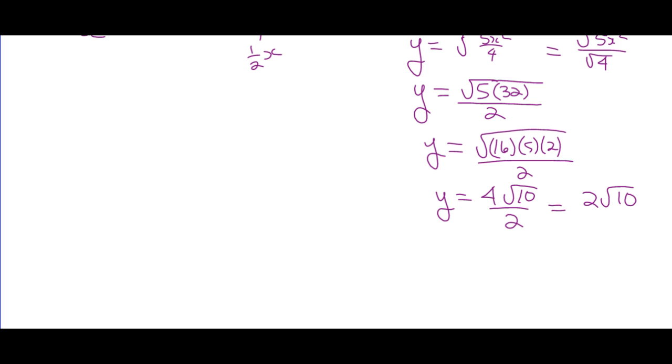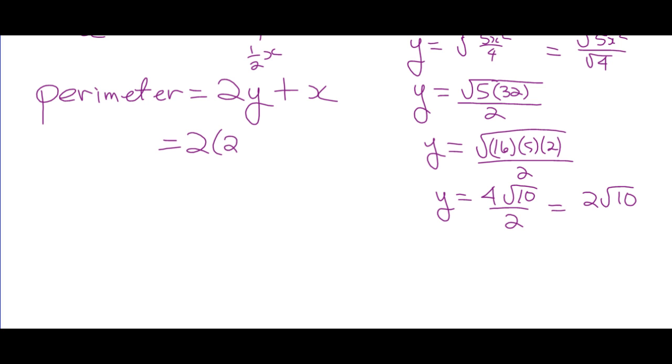So keep going. So perimeter is 2y plus x, which is 2 times 2 root 10. What's x? Yeah, x is root 32, right? So now we actually need x.